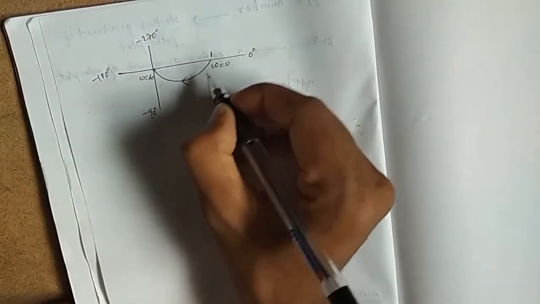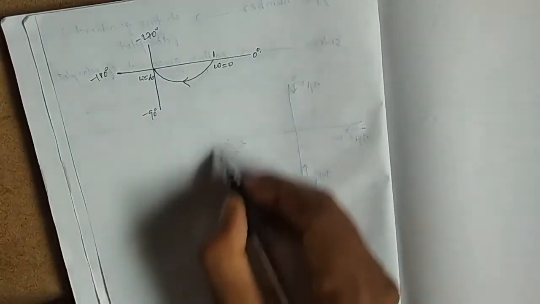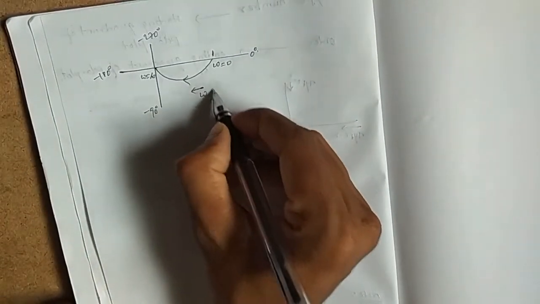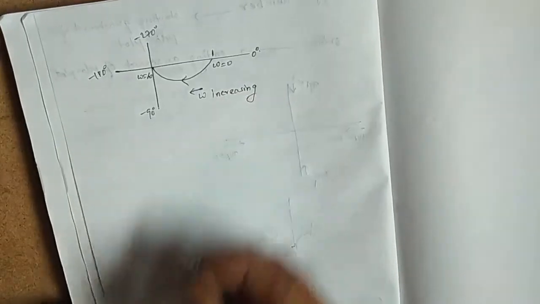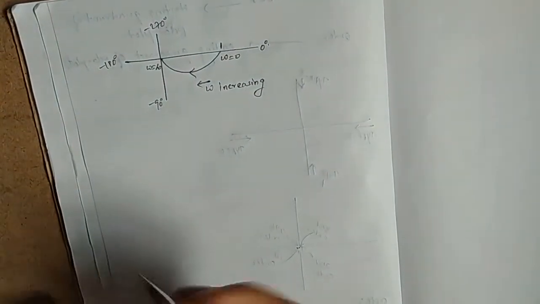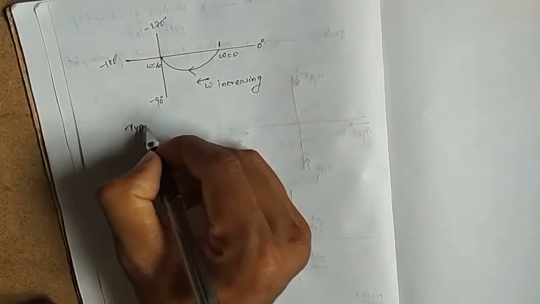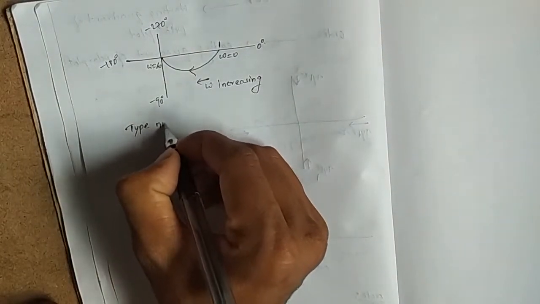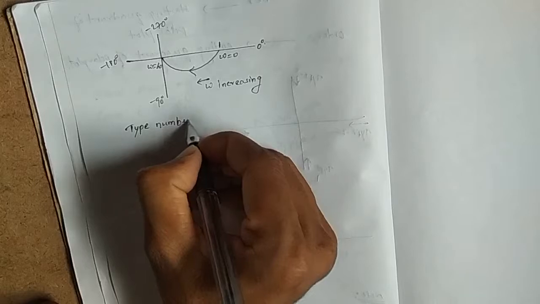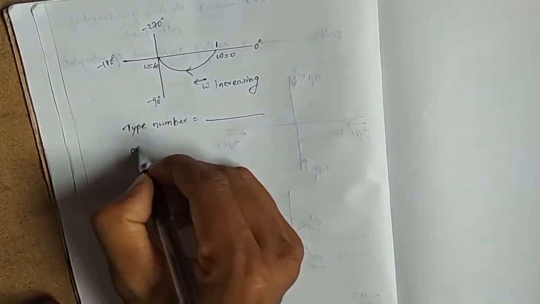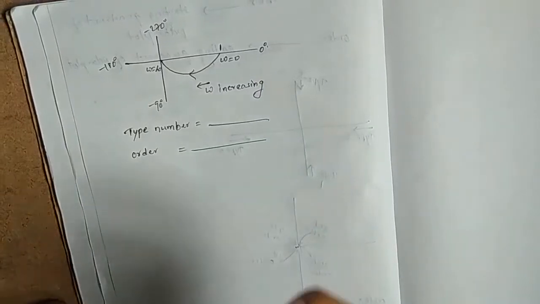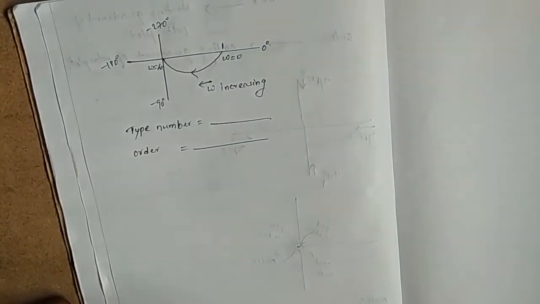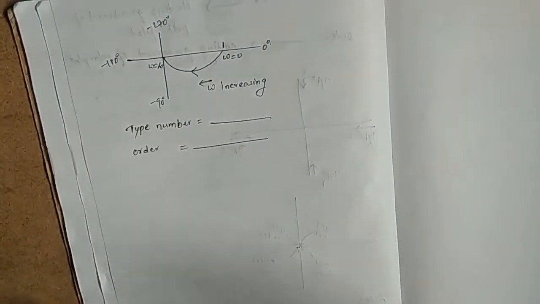Here magnitude is 1, and omega is increasing. A polar plot is given, and based on it we have to find the type number and order of the system.